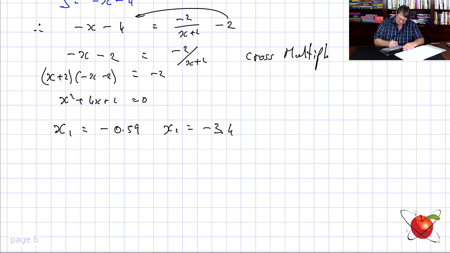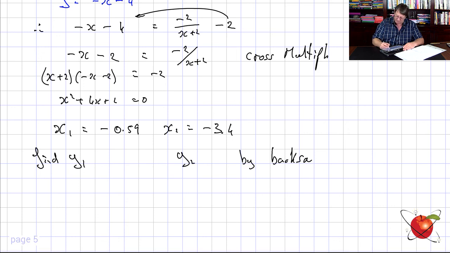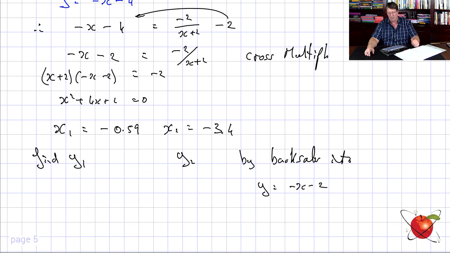Okay? And I'd say find y1 and y2 by back substitution into which one? I would take y is equal to minus x minus 2 to find the values. You end up with y equal to, for that one, minus 3.41. And y2 over here, minus 0.6.